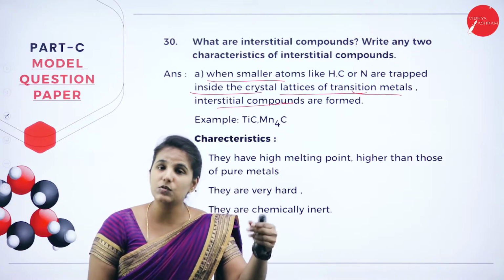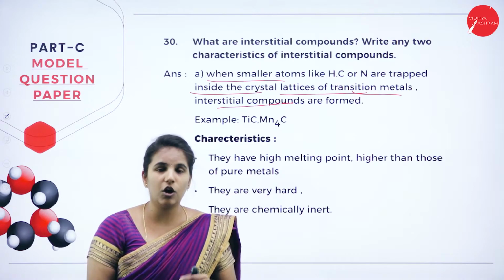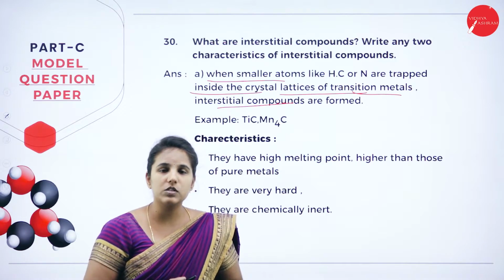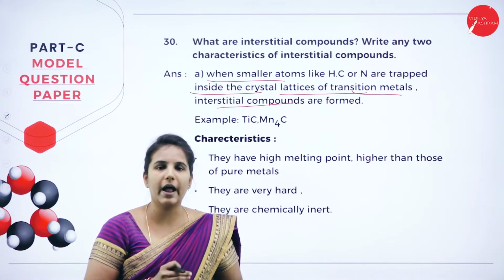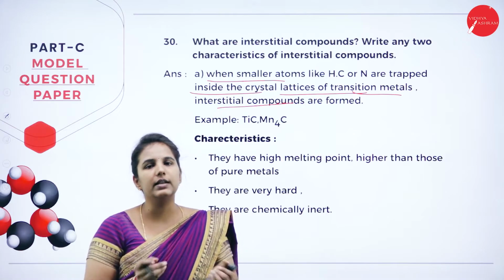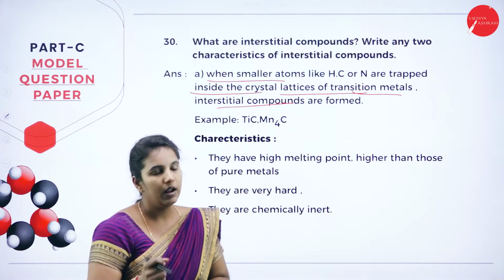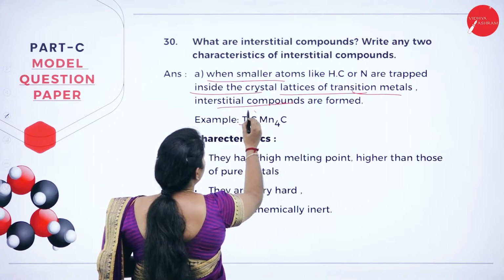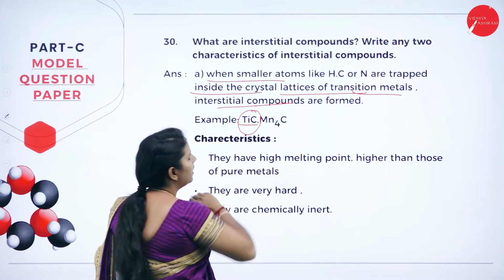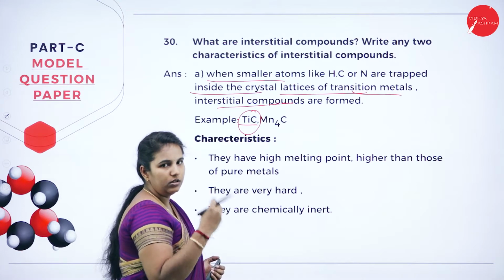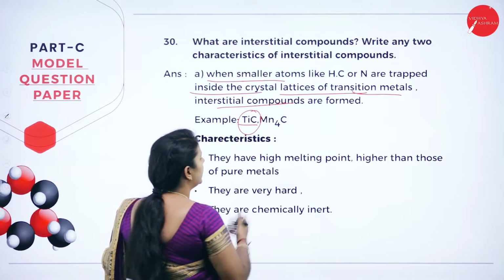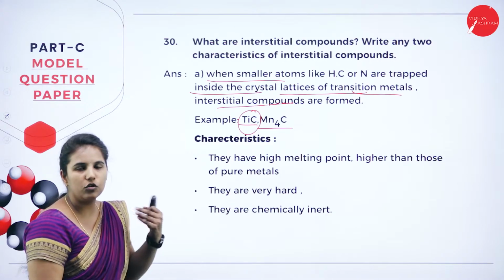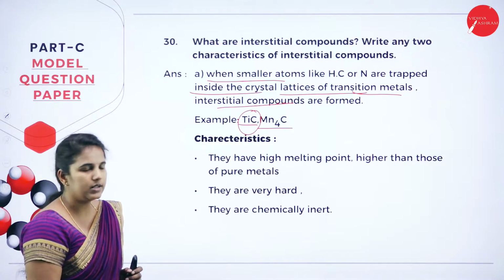These vacant spaces we call an interstitial site or a vacant site. When it is occupied by smaller atoms like carbon, hydrogen or nitrogen, we say it is an interstitial compound. Example is titanium. In the titanium metal, the carbon sits in the interstitial site. Similarly, in manganese, the carbon is a smaller atom that goes and occupies that interstitial site.